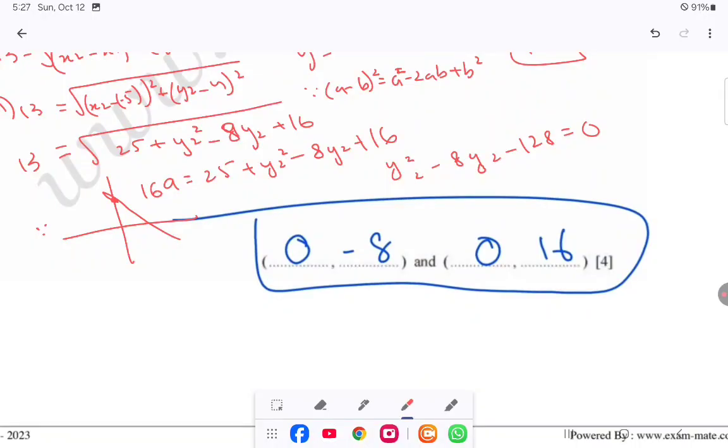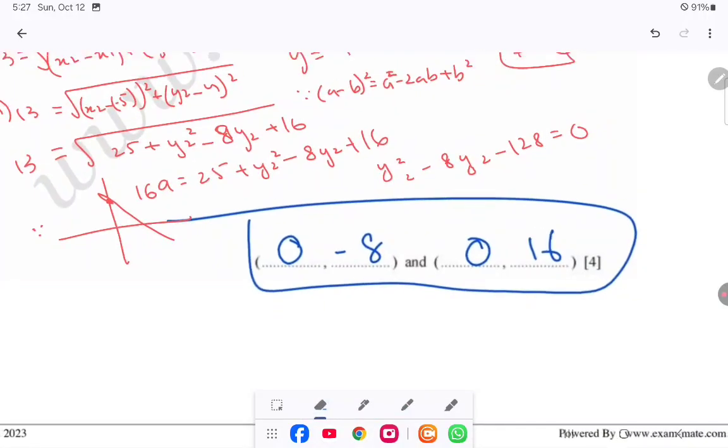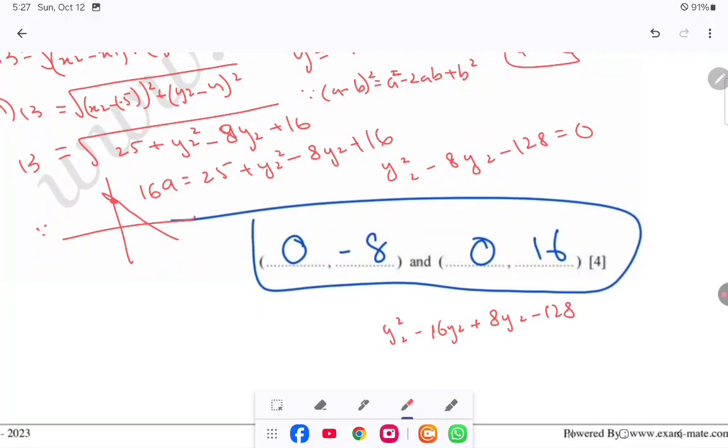If we break it into the form of y2 square minus 16 y2 plus 8 y2 minus 128, and if we multiply 16 into 8, it will give you 128, which is our coefficient c, which is correct.